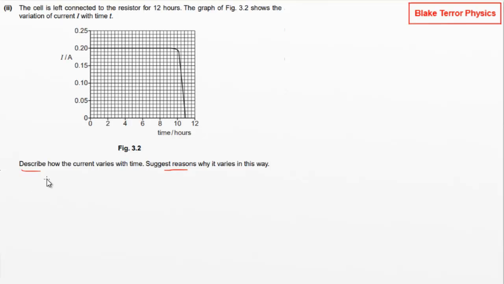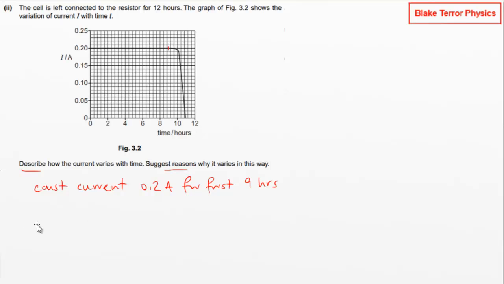So we can say that we've got a constant current of 0.2 amps for the first sort of 9 hours. It seems to be around about 9 where it starts to taper off. So that's one zone.